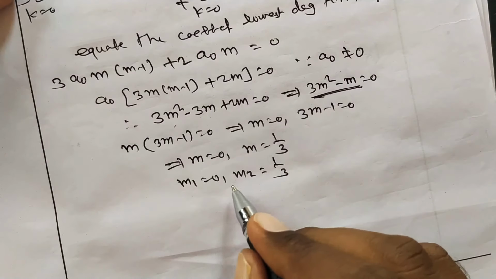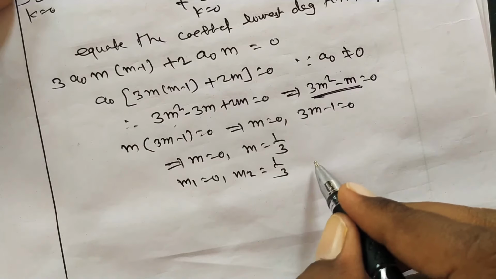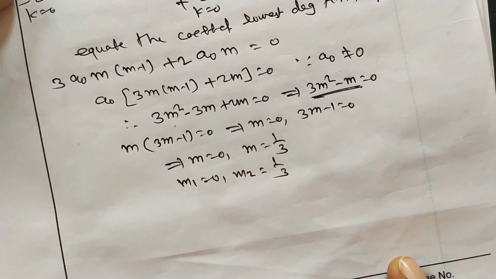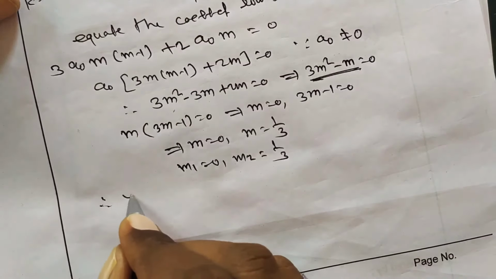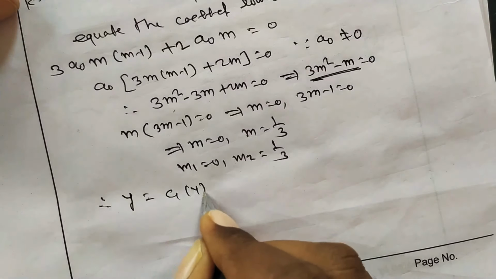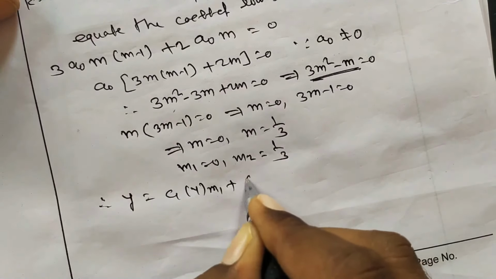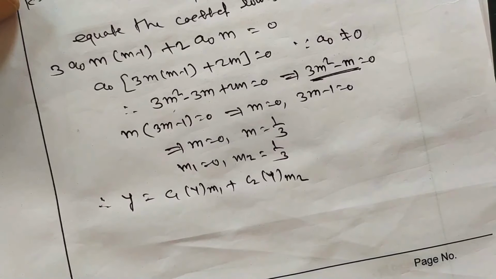If you take m1 minus m2, we get 0 minus 1 by 3, that is minus 1 by 3, and minus 1 by 3 is a fraction, not an integer. So we apply case number 1, and by using case number 1, the solution is y equal to c1 into y at m1 plus c2 into the value of y at m2. So we have to find y now.